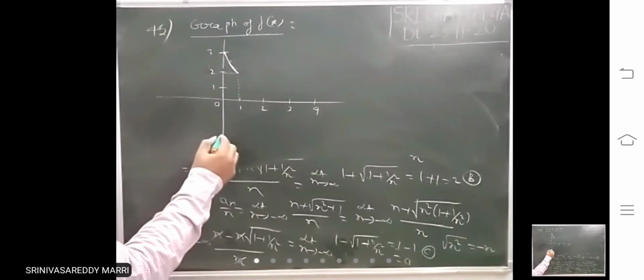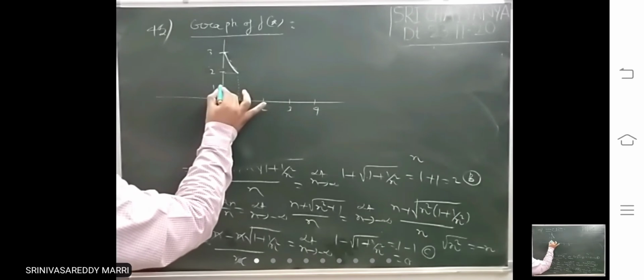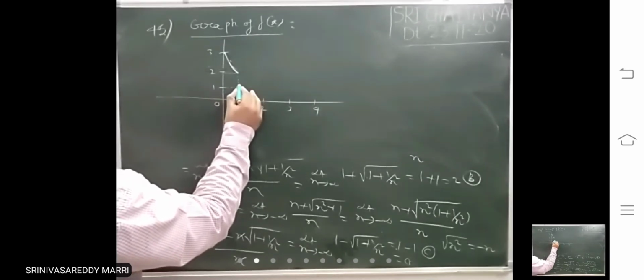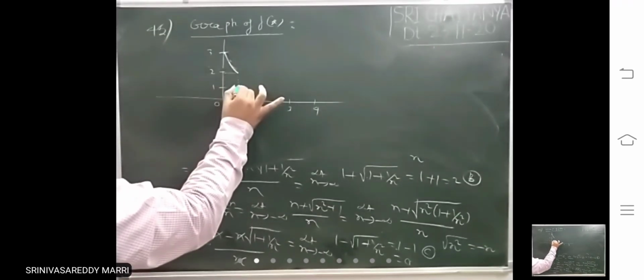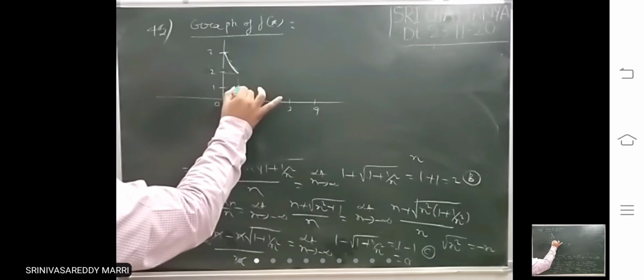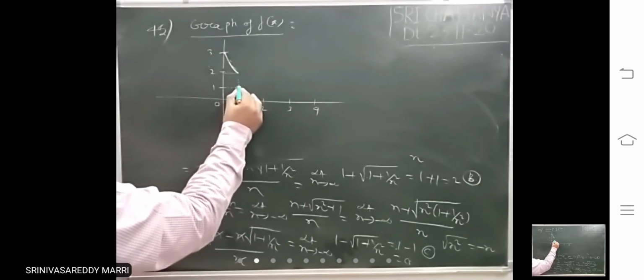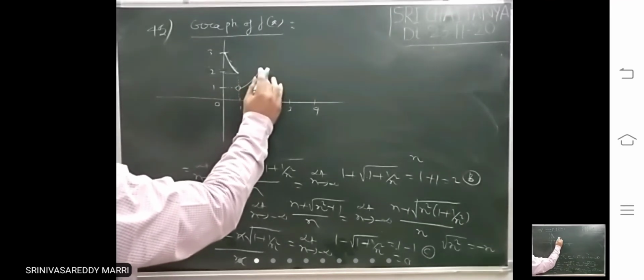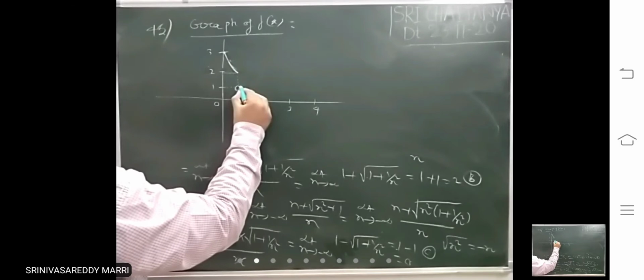Then from 1 to 2 he has drawn the graph. At 1 here a point is there. So after greater than 1, that means 1 to 2, the graph is like this. I will draw the graph and I will explain.